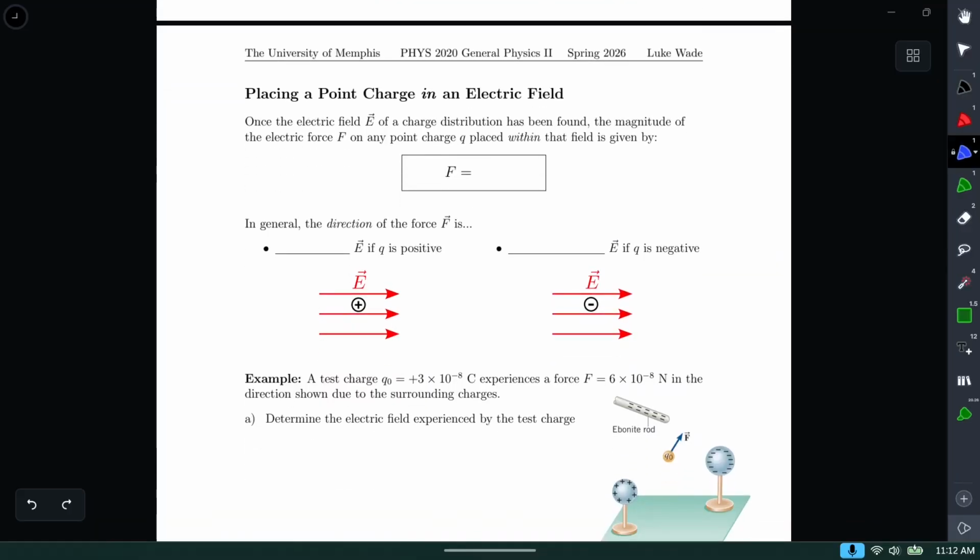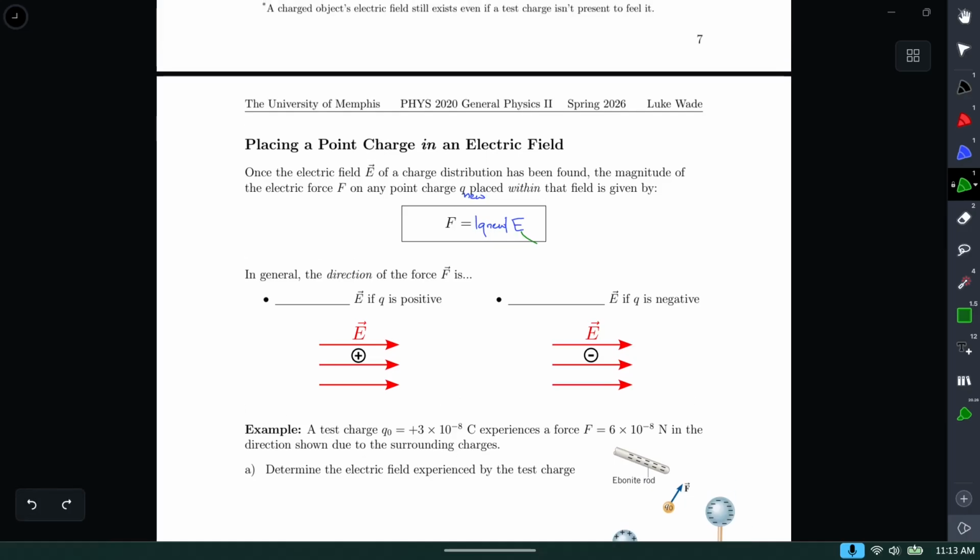So that's the idea. If I have some new object, I'll call it Q new here, so I'll put a little subscript new on that charge, and I want to find the force on it. It's much easier now that I've measured the electric field of the thing I'm holding it near. All I do is take the size of that new charge I want to find the force on and multiply by the electric field.